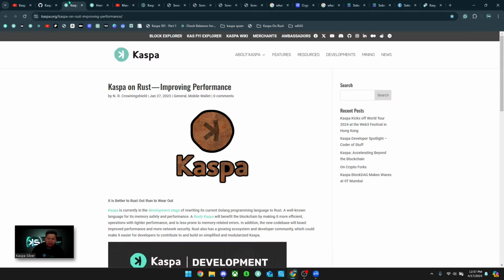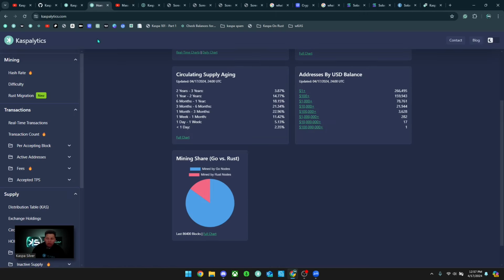You can see that we are currently trying to transition to Rust, and so far almost 15% of all the nodes are running Rust.